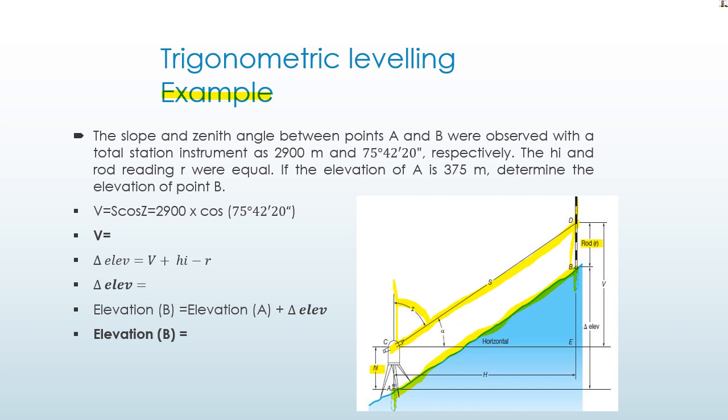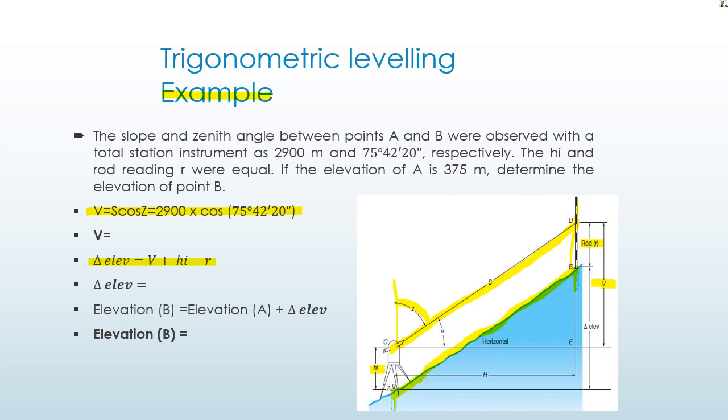So now, from the formulas in the previous slide, you can determine the vertical distance from the telescope level to point D. So now we can carry on with determining the elevation difference between A and B by adding the vertical distance to the height of the instrument and then minus the rod reading.